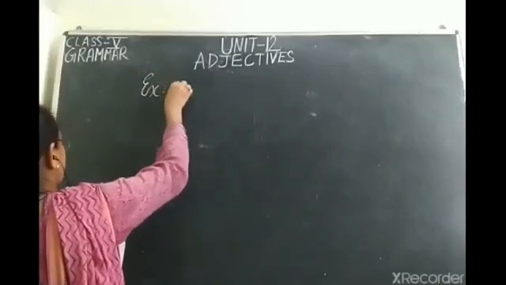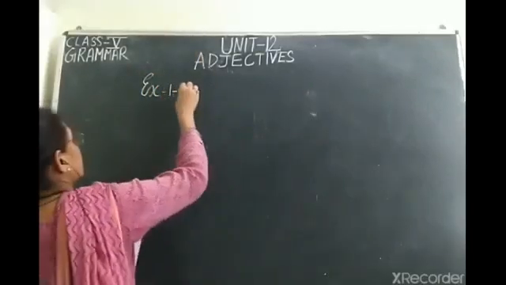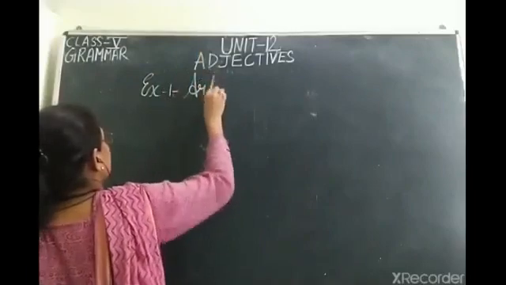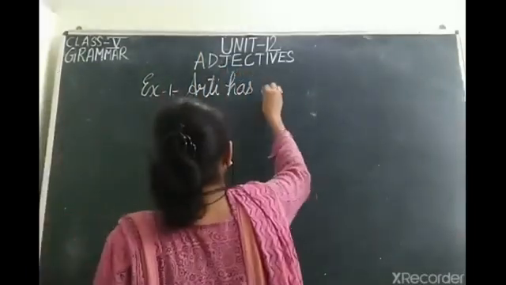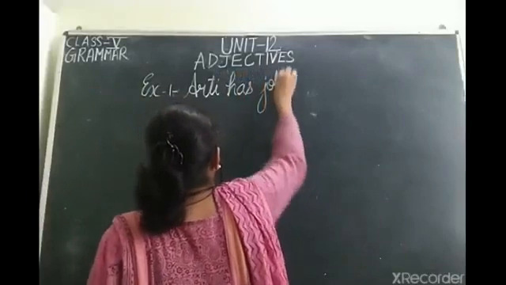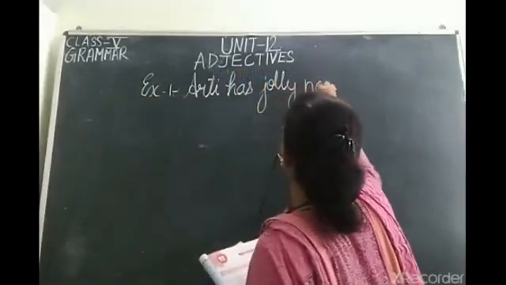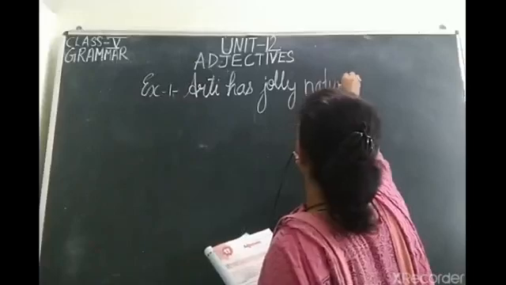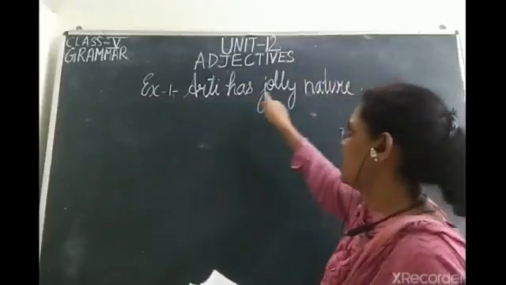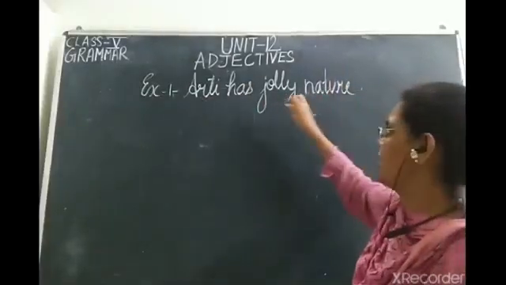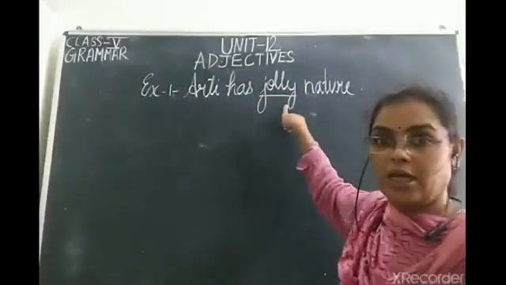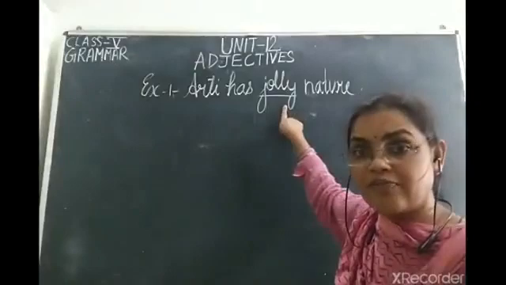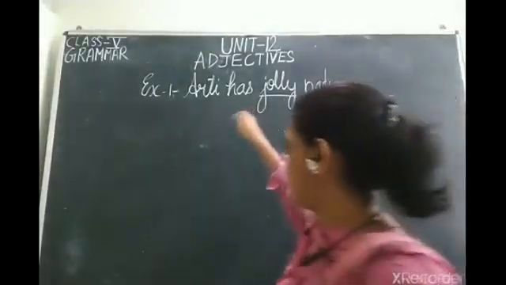Fine. Example 1. Aarti has jolly nature. Fine. Now, Aarti has jolly nature. What kind of nature does Aarti have? Jolly. We are getting the answer of what kind of.